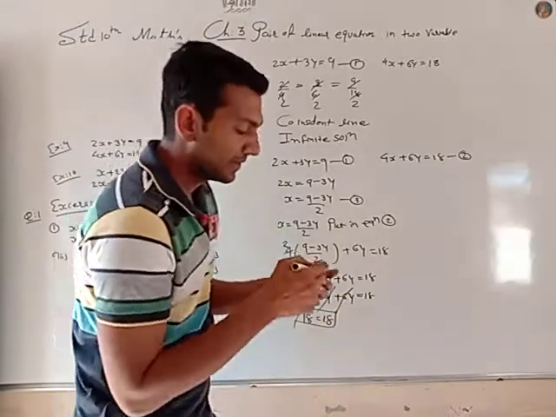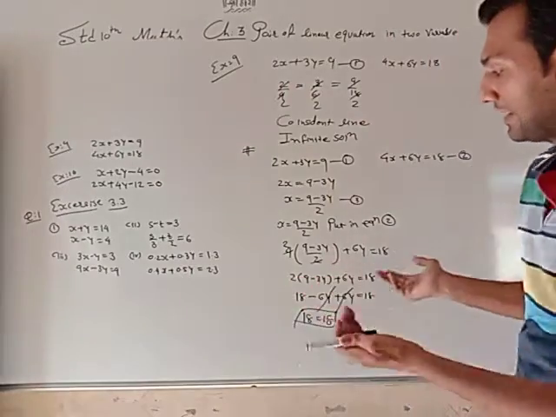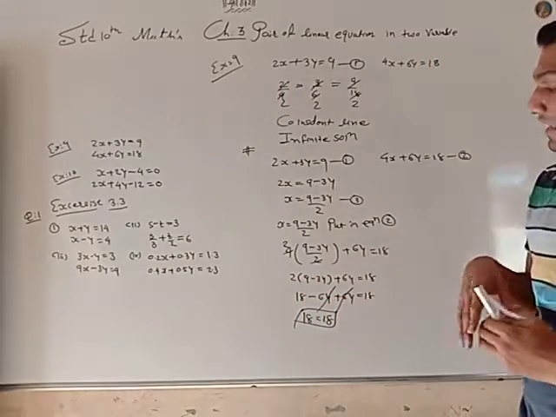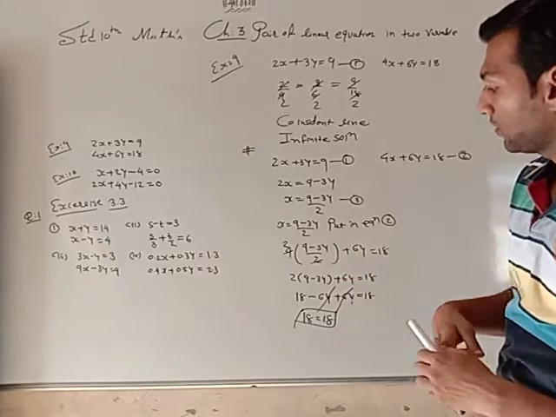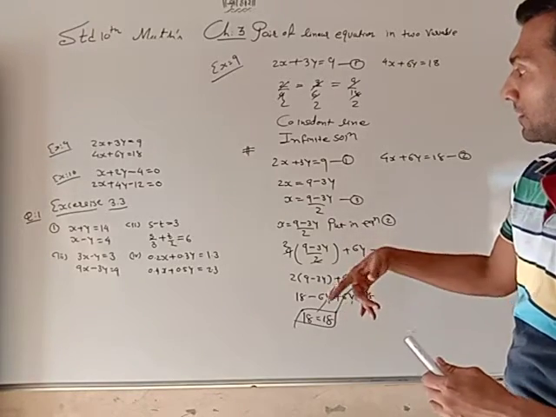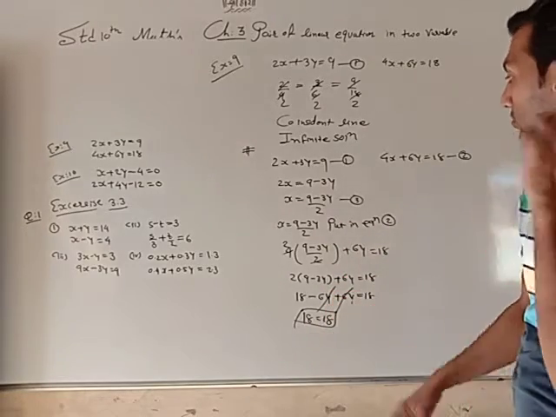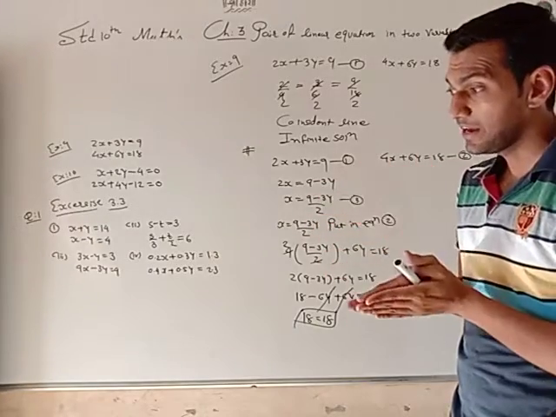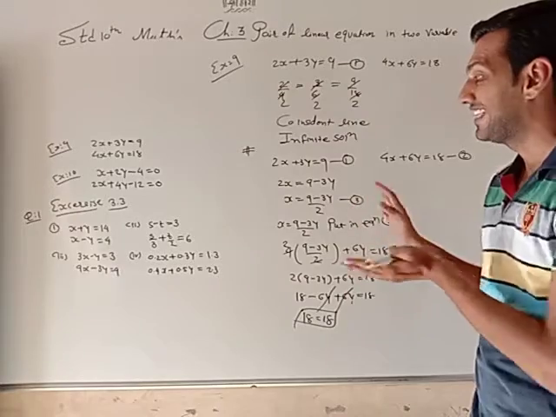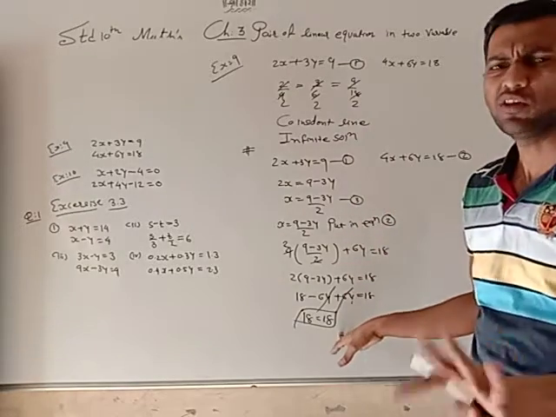So here see, 18 is equal to 18, equality is there, the variables are eliminated, so I cannot find the value of x and y. So the solution is either infinite or there is no solution. In that case, you cannot find the solutions.